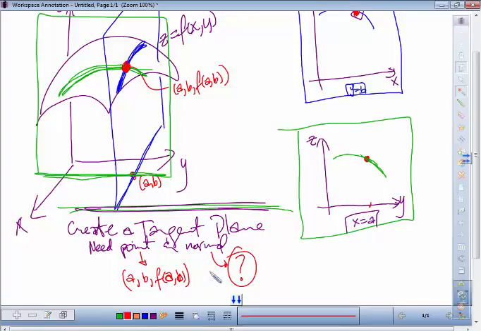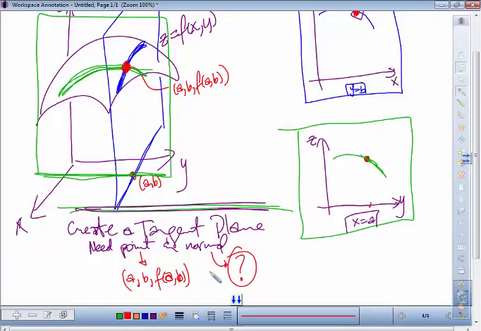We need a normal vector, and we're taking steps back to see how we can create that normal vector. We can create it by finding two vectors that are on the tangent plane, right? How are we going to find two vectors that are on the tangent plane?